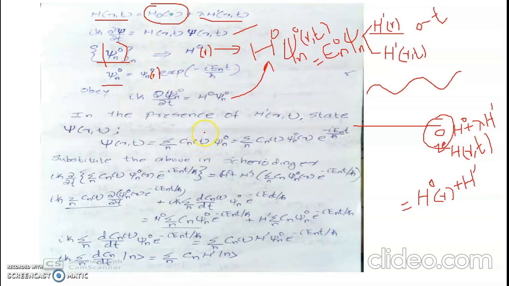So it is safe to consider this expansion coefficient Cn of t also a time-dependent parameter, as it is a scalar. In operations, we need not bother about the operator operating over this mathematical function.